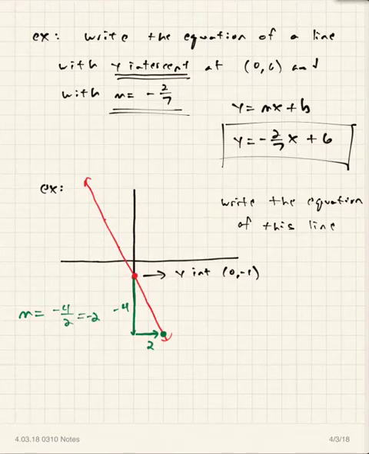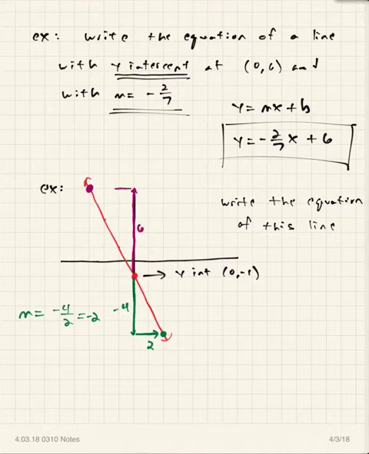Now let's say I didn't pick that point. Let me show you here. Let's say I picked this point way up here. And I know the point 0, -1. I was told that the line goes through that point. But look at that second point there. The rise is 1, 2, 3, 4, 5, 6. The rise is 6 to that point.